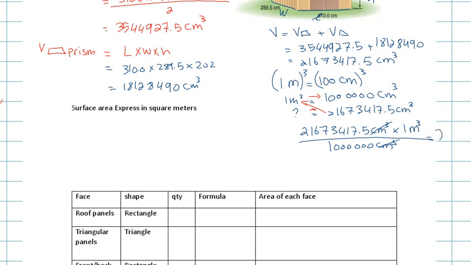Here I have confusion. I don't understand. 1 meter cubed is equal to, how did you find it equal to 100? Yes, 1 meter is equal to 100. You're okay with that? So cube this, 1 cubed is 1, and 100 cubed is 1 million.